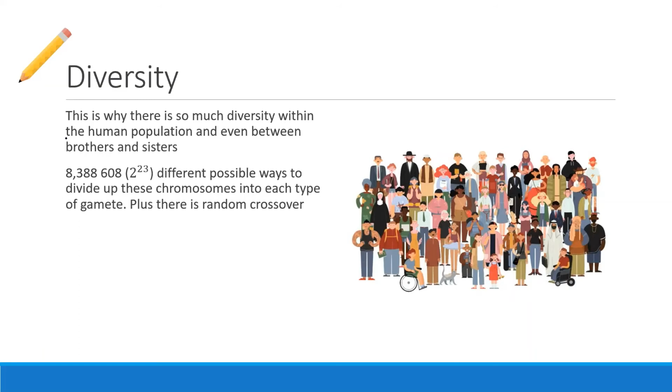But we've seen that one cell can divide into 4 completely different cells. There's actually 8,388,608 possible different ways to split that DNA. And that's ignoring the fact that we've already got a random shuffle at the start. That's why it's just so diverse.